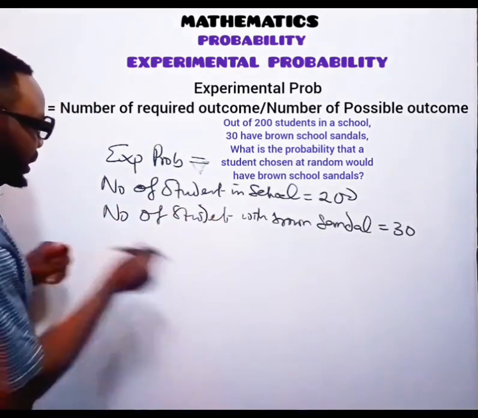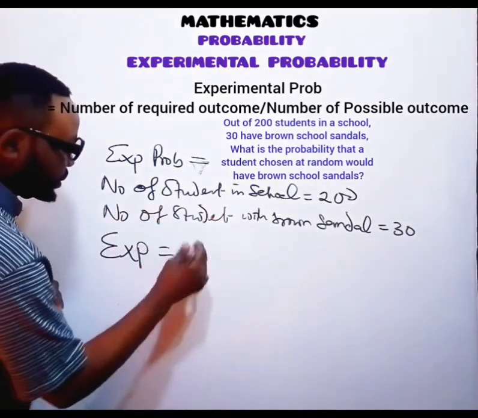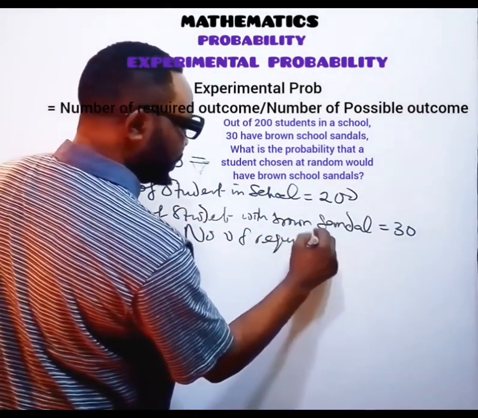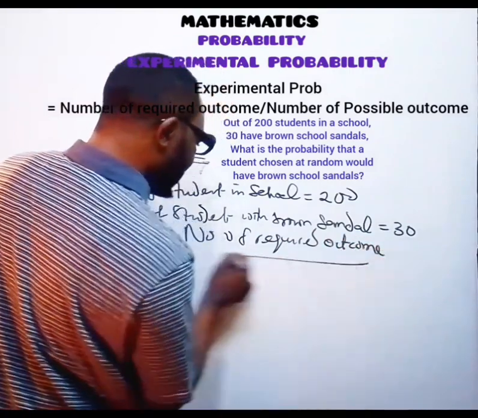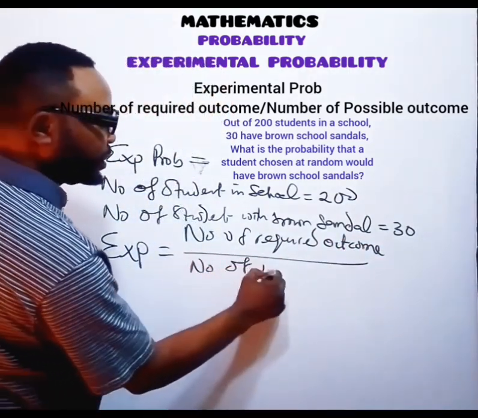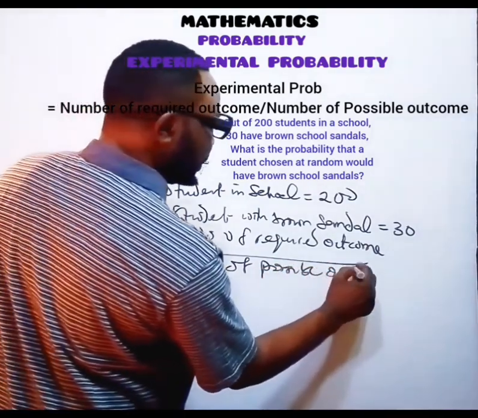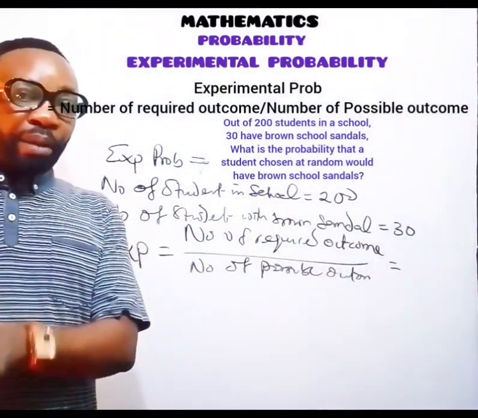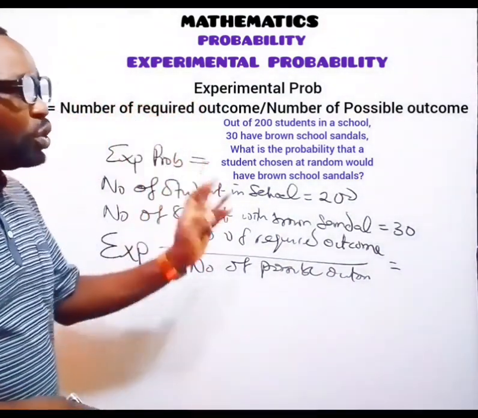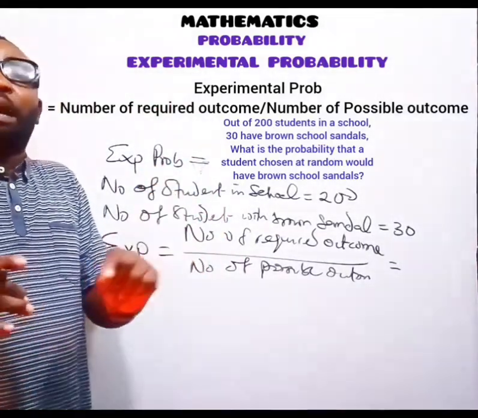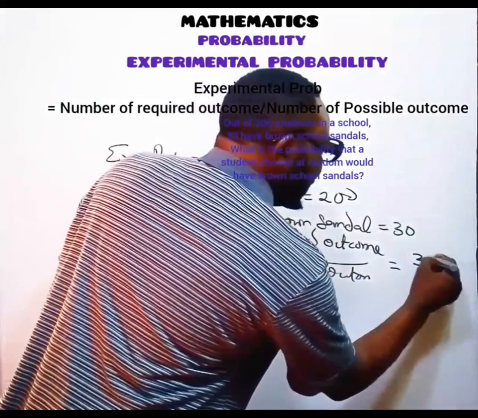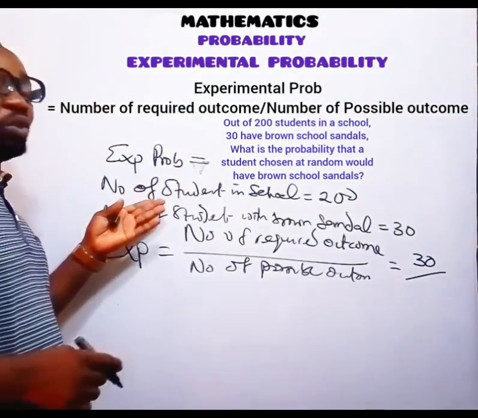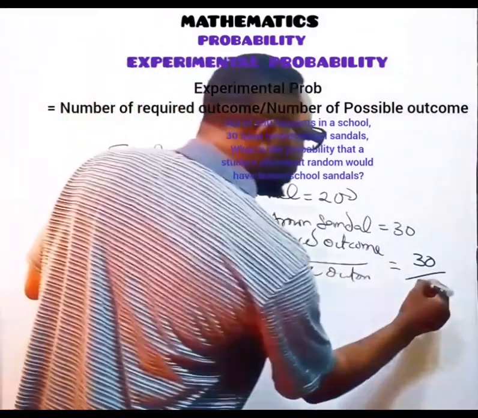Experimental probability is equal to the number of required outcomes divided by the number of possible outcomes. The required outcome is those students that wear brown sandal, that is if you pick one, which is 30, all over the number of possible outcomes, the total number of students in that school, which is 200.